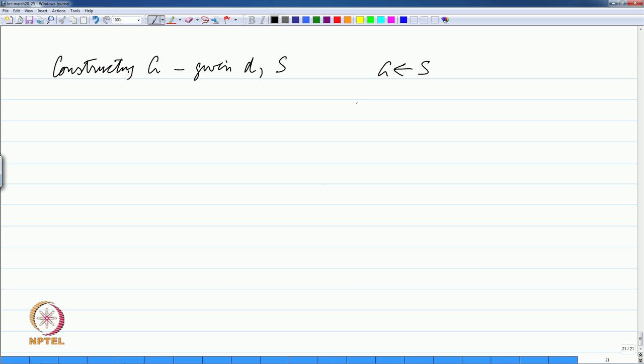If n is subsumed by D, then add n to G. So, I should have said pick a node from G and remove it.